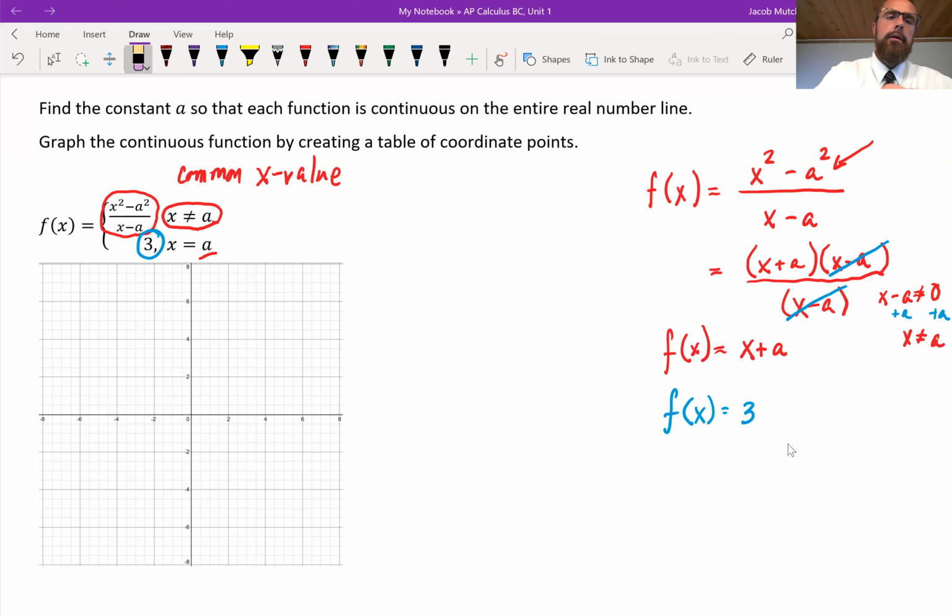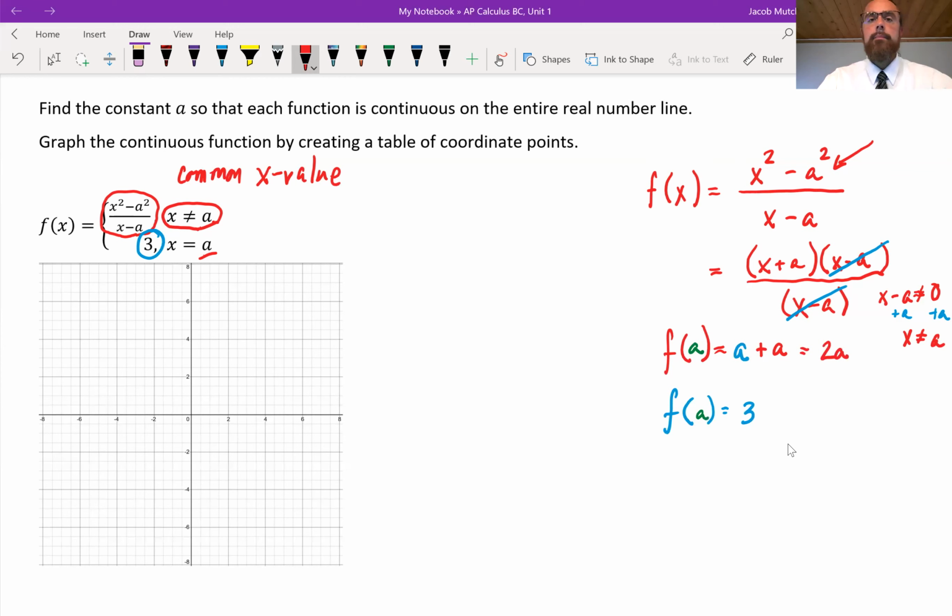So I'm going to erase the x, and I'm going to substitute in a. And at that point, I can get rid of the x here. And so what we're seeing is that this first function is going to reduce to a plus a, or 2a.